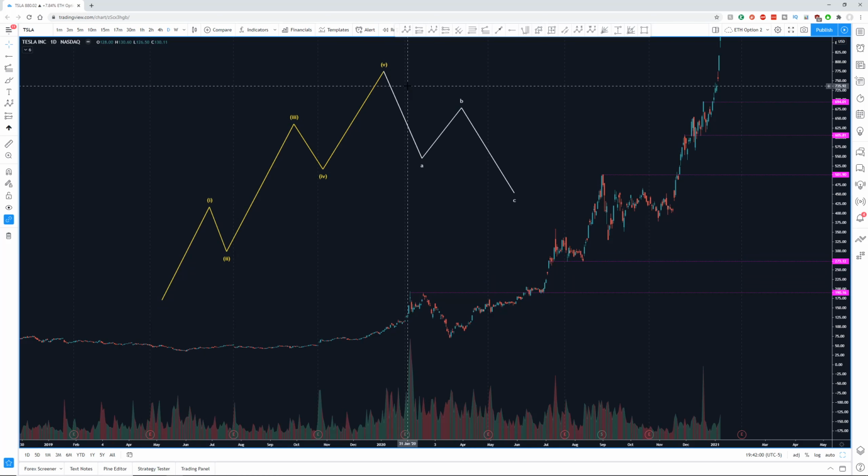Now you can see that each of the 5 waves aren't in the upwards direction. We're going to have these pullbacks in the market, and very similarly, on the flip side, with an ABC, all of the waves aren't downwards. The B wave actually heads back upwards itself. The very last detail you need to know before moving forward here is that all of these waves are actually made up of other waves.